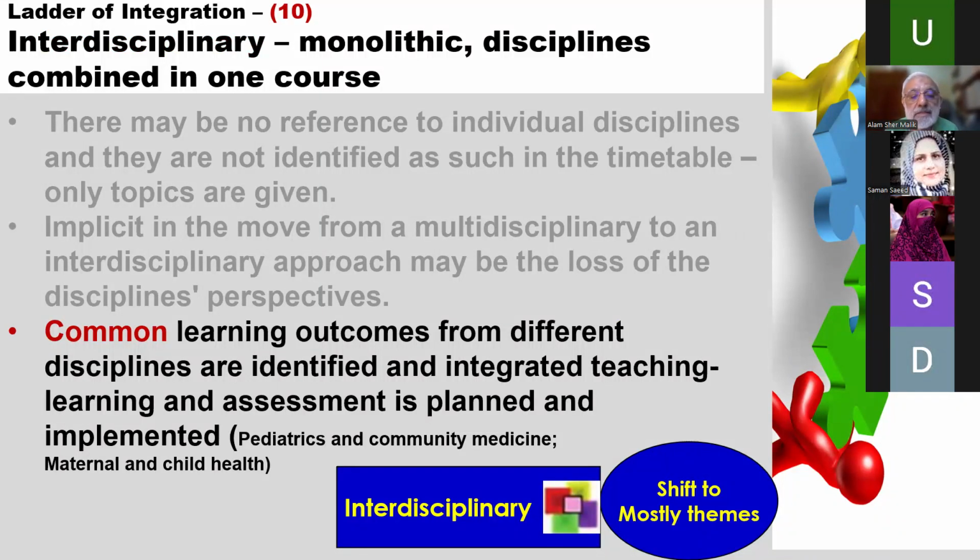Teaching, learning, and assessment is planned and implemented. For example, pediatric and community medicine or maternal and child health are courses which involve multiple disciplines, but these courses pick up the common learning outcomes in these disciplines, and they become a new entity.